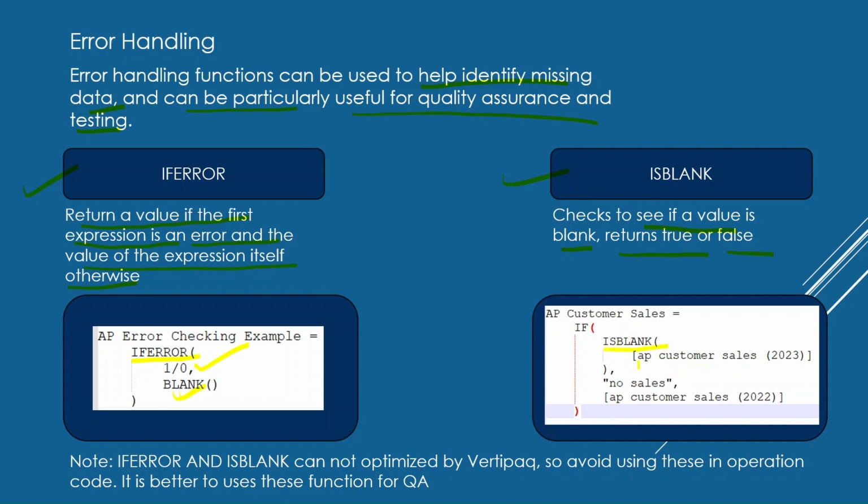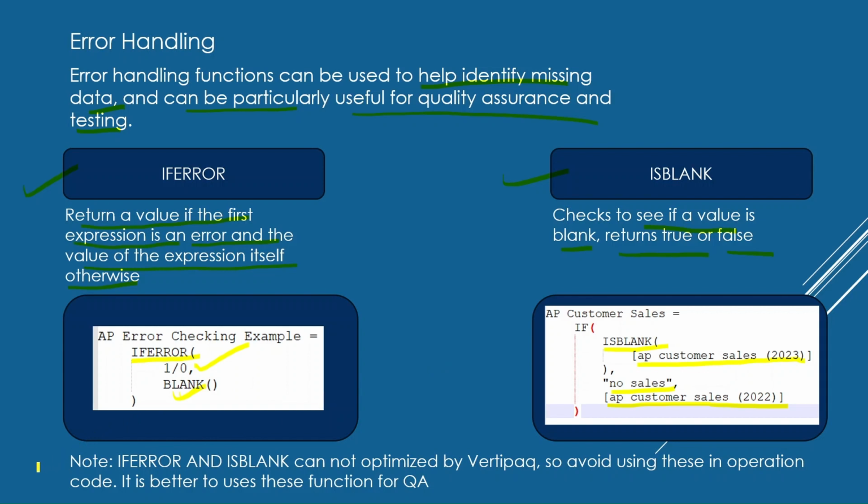If it returns a value and the value is blank, then put here No Sales. And if the value is not blank, then whatever value it is providing, return that value only.